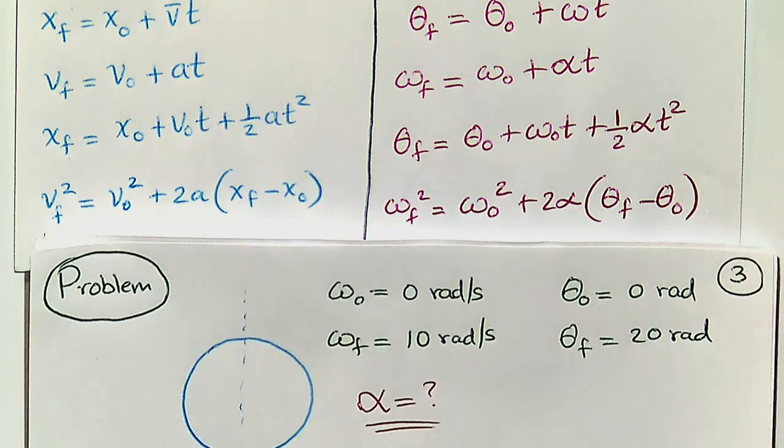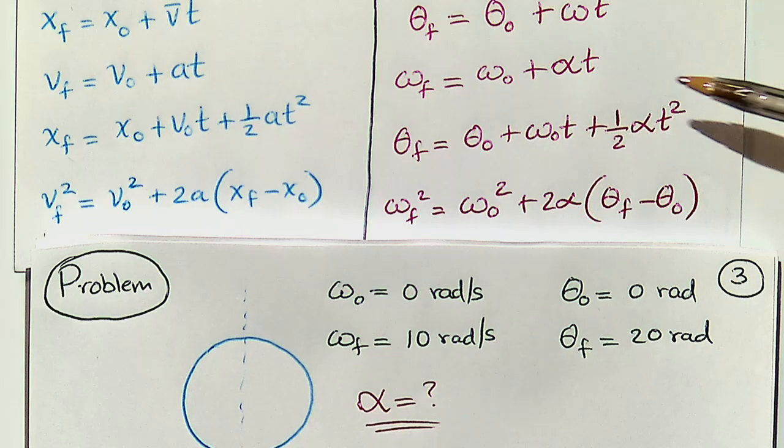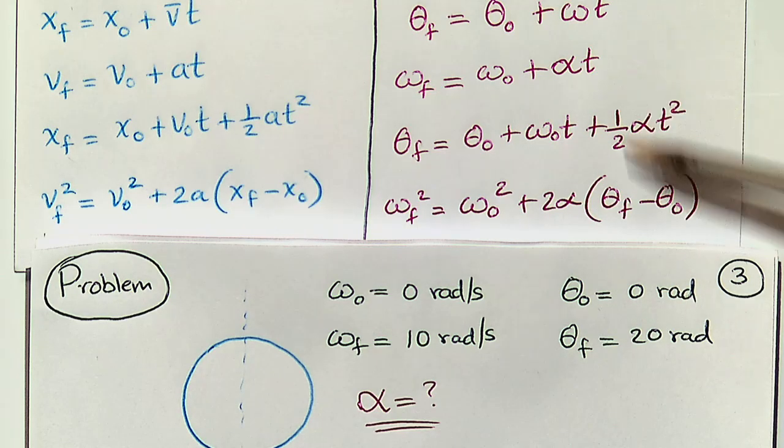Tell the LAs the number of the equation: 1, 2, 3, 4. Would you use 1? Would you use 2? Which one would you use to solve this? Going back to a little bit of kinematics, it's been a minute since we've done kinematic problems.